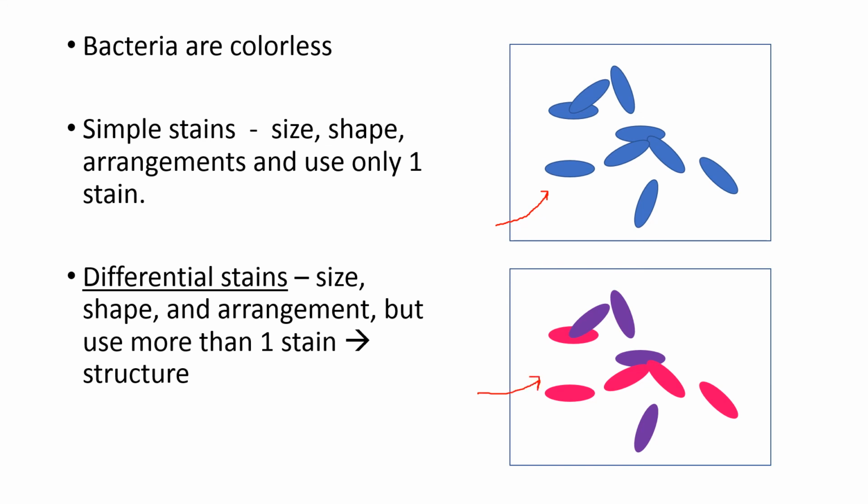We can still see the size, the shape, and the arrangement of the cells, just like with the simple stain. But the differential stain gives us a little information about the structure of the cells, in this case, the cell wall. This is a Gram stain. So we know that Gram-positive cells stain purple, Gram-negative cells stain pink, and that's tied to the structure of the cell wall.